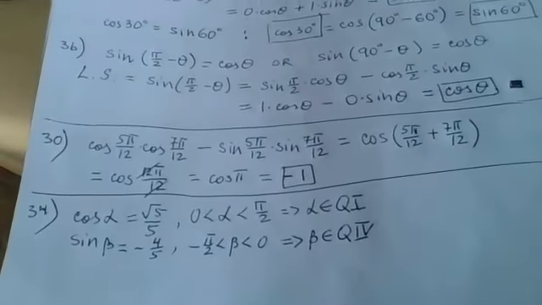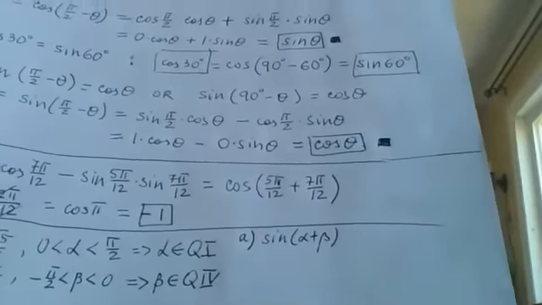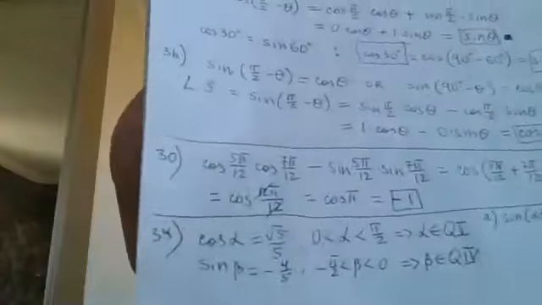And now let's see what we need to find. Part A, they are asking us to find sine of alpha plus beta. I will immediately expand this using formula number 4: sine alpha times cosine beta plus cosine alpha times sine beta.